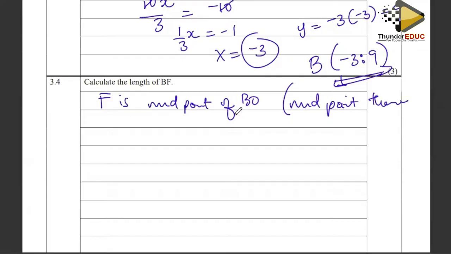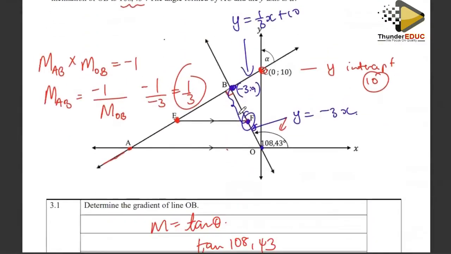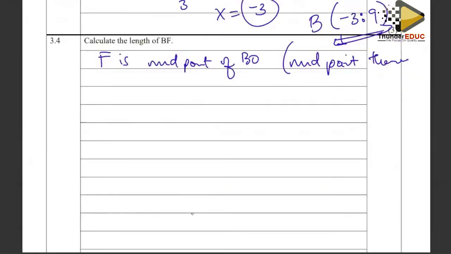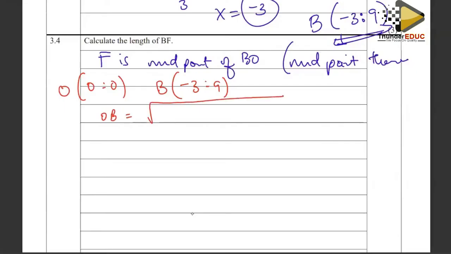If F is a midpoint, I can simply calculate the distance of OB, and then divide it by 2. If my O is (0; 0) and my B is (-3; 9), let me use the distance formula, which is the square root of (x1 minus x2) squared plus (y1 minus y2) squared.